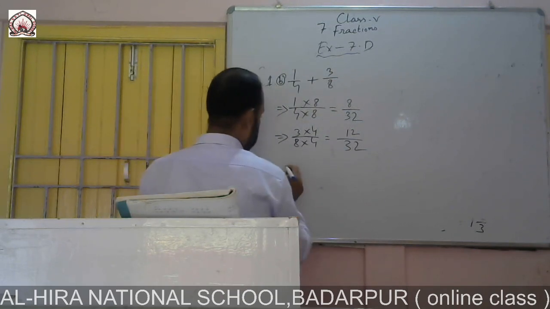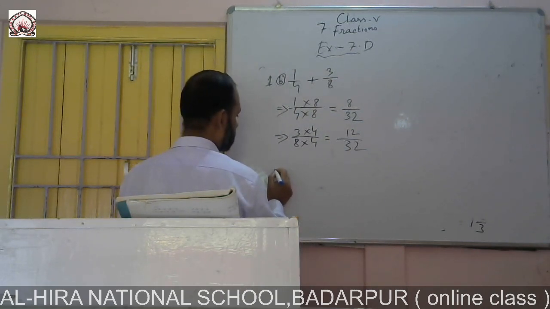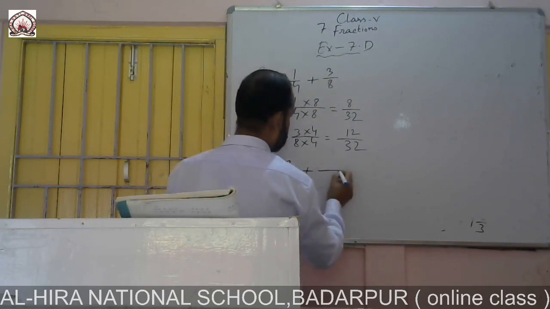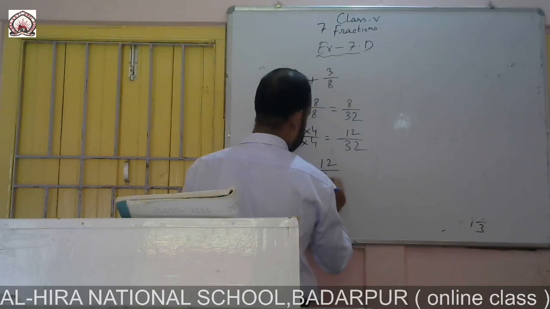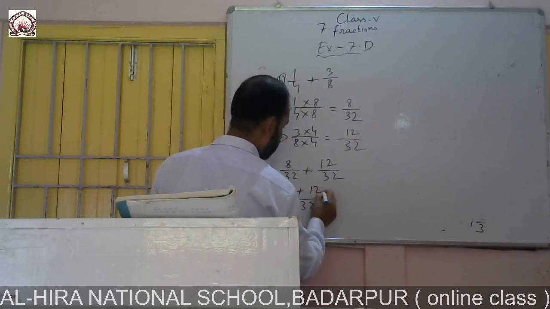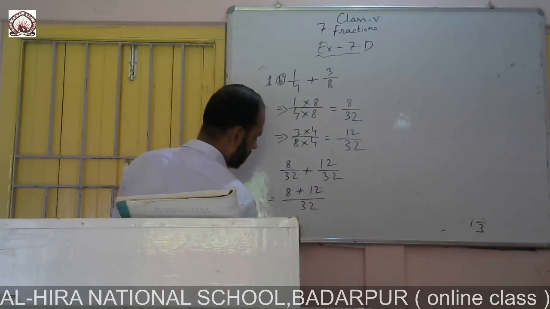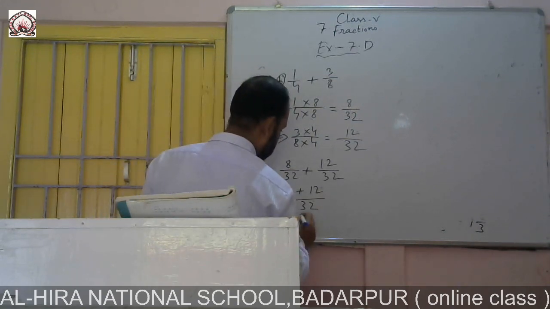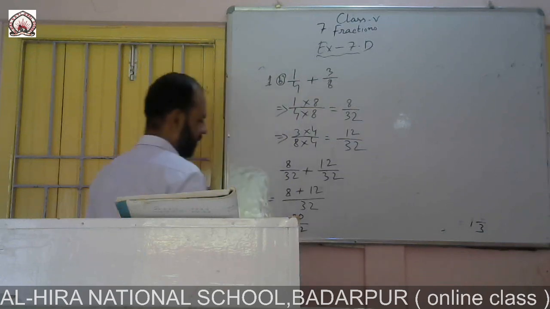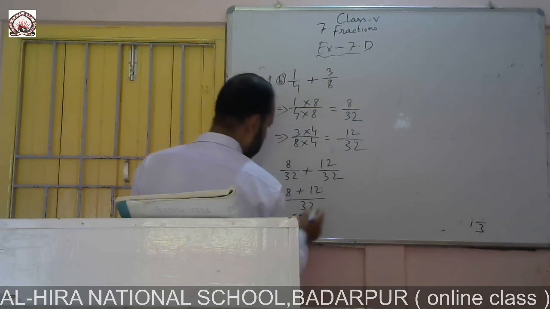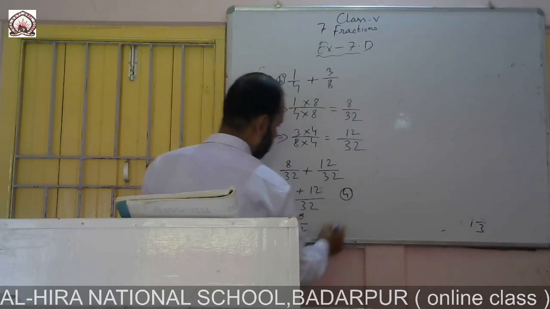Now we add. 8 by 32 plus 12 by 32. Now 32, 8 plus 12. 8 plus 12 equals 20 by 32.